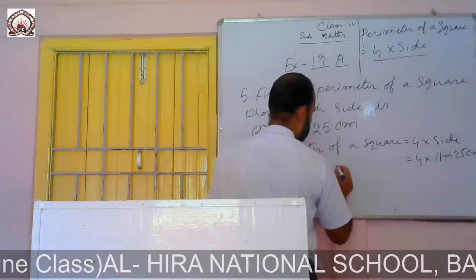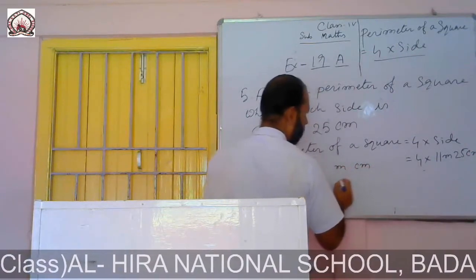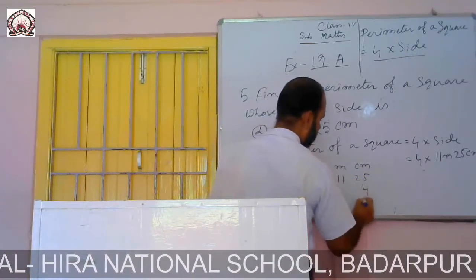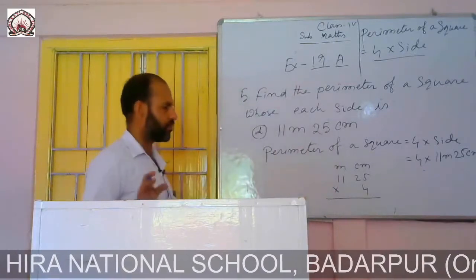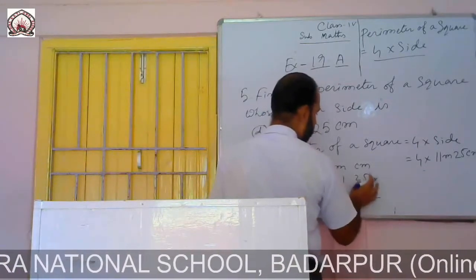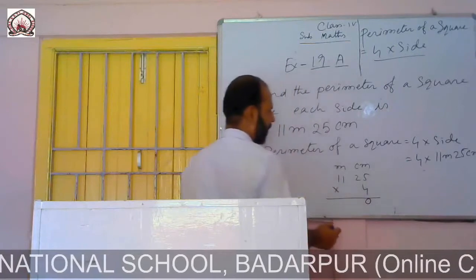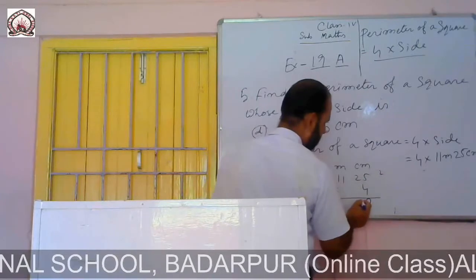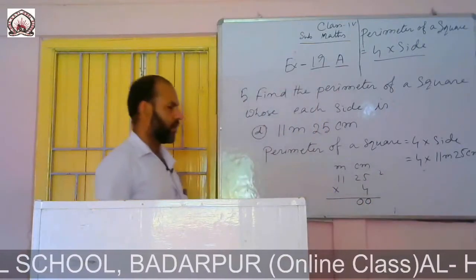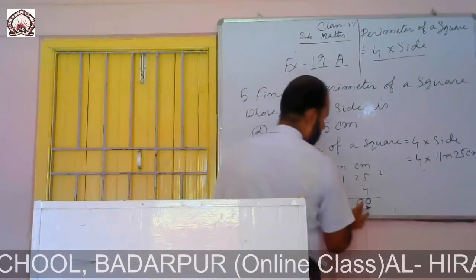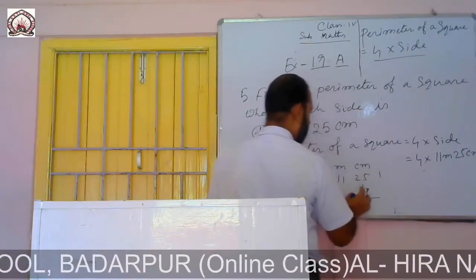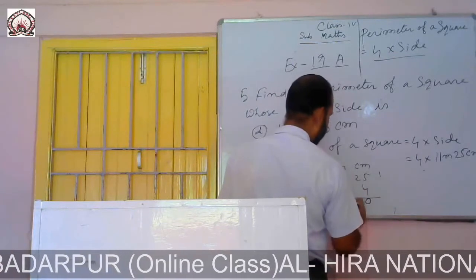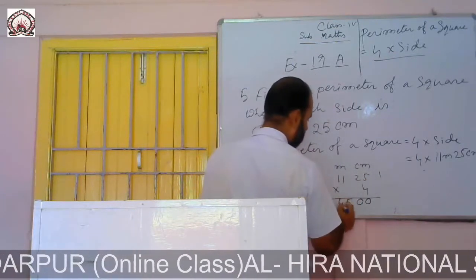Now we multiply meter and centimeter. Here 11 25 into 4. 4 fives are 20, 20 is 0, 2 in my hand. 4 twos are 8, 8 plus 2 is 10, 0, 1 in my hand. 4 ones is 4 and 1 in my hand, 5. So here 4 ones are 4.